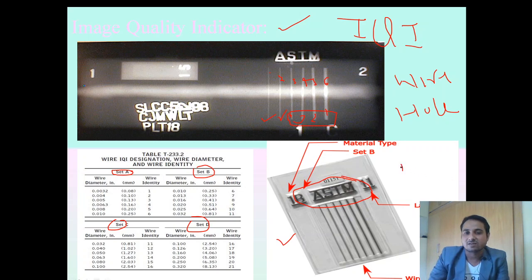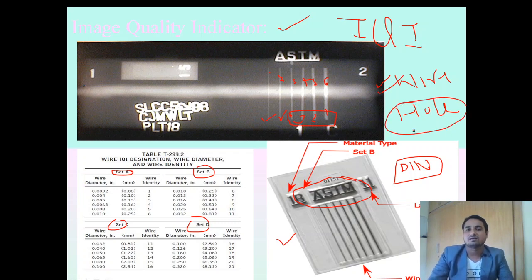One more, the DIN type, is also there in the industry, but that is not frequently used. We are basically using ASTM type IQI, and in that mainly wire type. Hole type, in my experience, I have not seen anywhere. So the selection of the image quality indicator or penetrometer, and then the interpretation in reviewing the film, is very important for radiography acceptance and rejection.